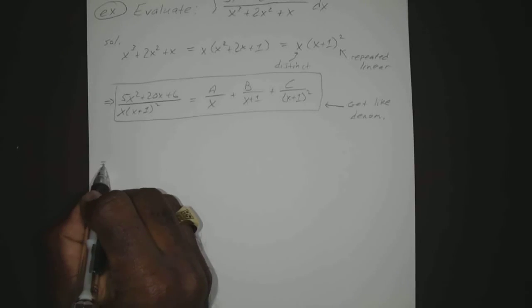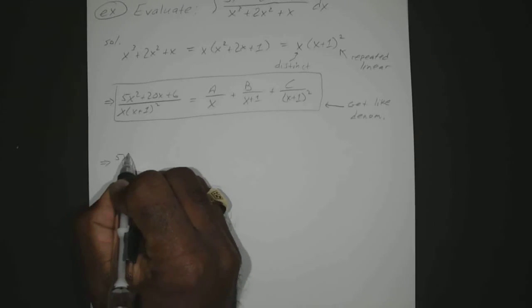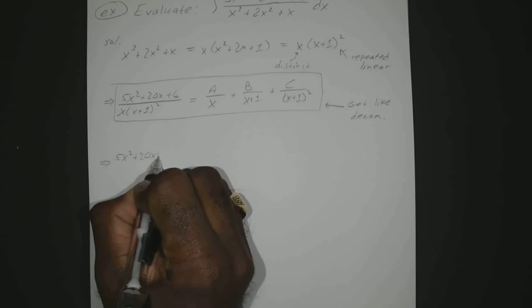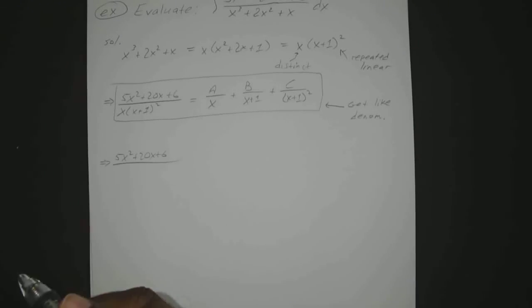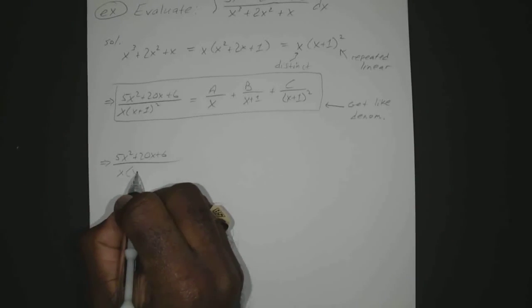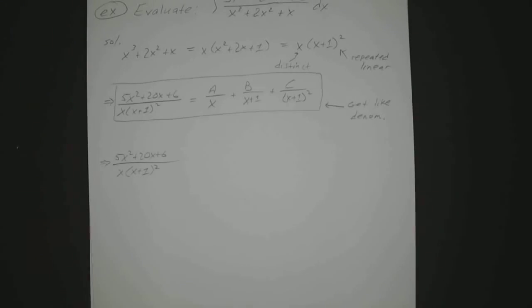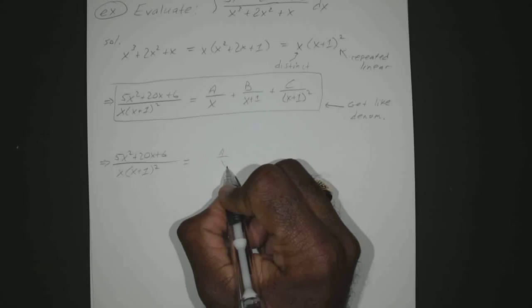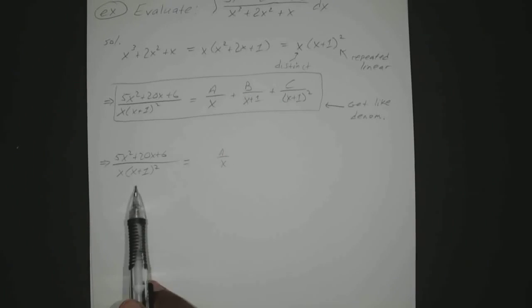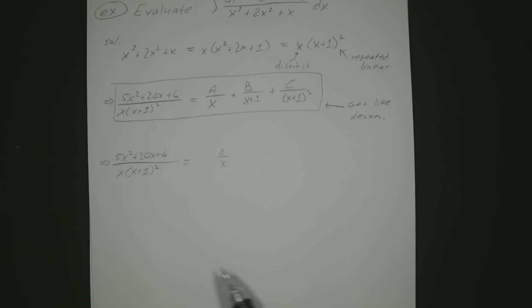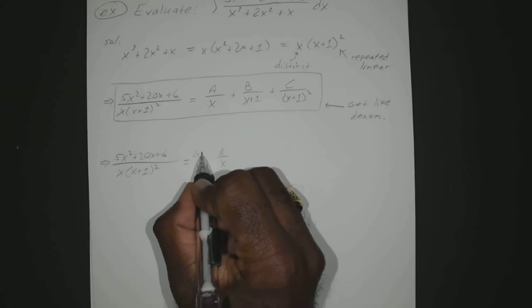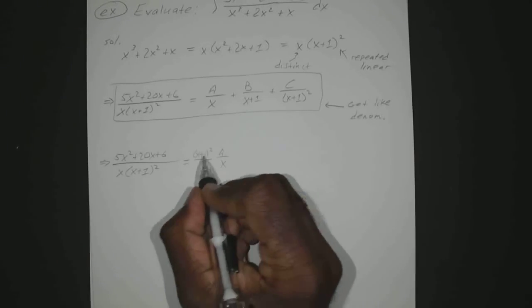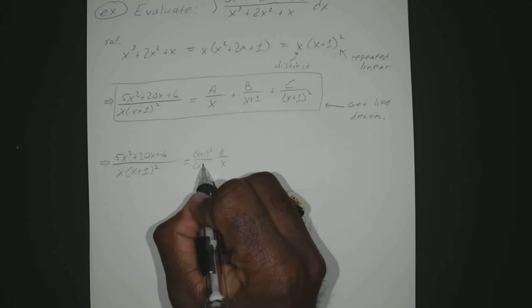So that means we have 5x squared plus 20x plus 6 over x times x plus 1 squared equals A over x. So here we're just missing the x plus 1 squared. So we multiply this by x plus 1 squared over x plus 1 squared.